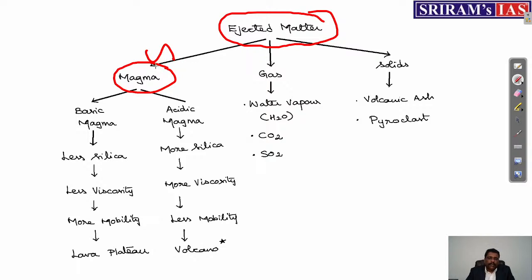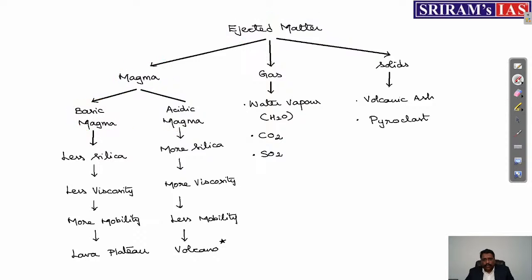Generally we have two types of magma. One we call basic magma, and two, acidic magma. What is basic magma? Of course, it is classified based on the pH value. But whatever the case, basic magmas are the ones which have very little silica content.